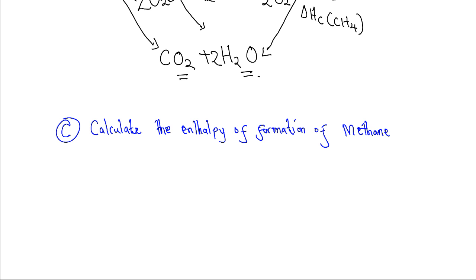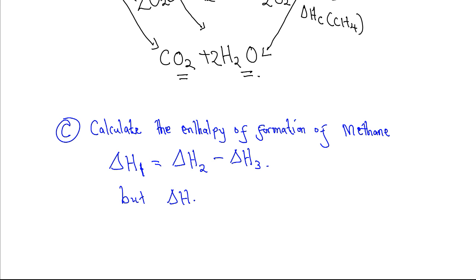We have stated that delta H1 can be through delta H2 minus delta H3. But we can first determine delta H2. But delta H2 involves combustion of carbon and hydrogen.